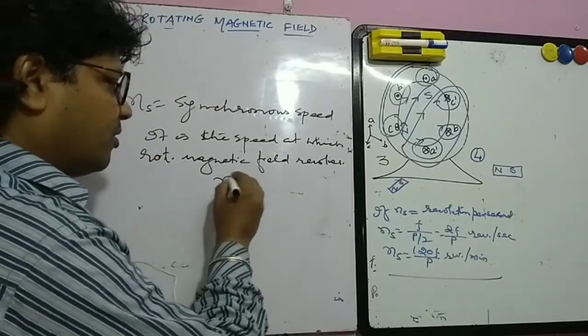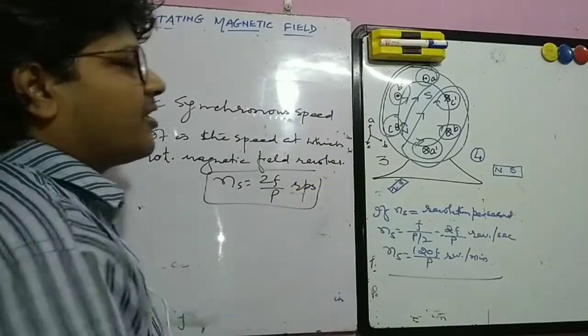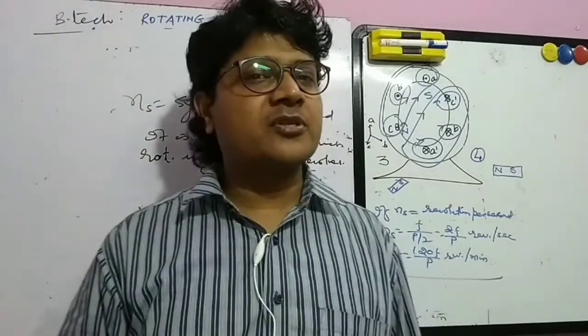So ns is equal to 2f by p, and this is in rps. This is the way we derive the expression for synchronous speed.